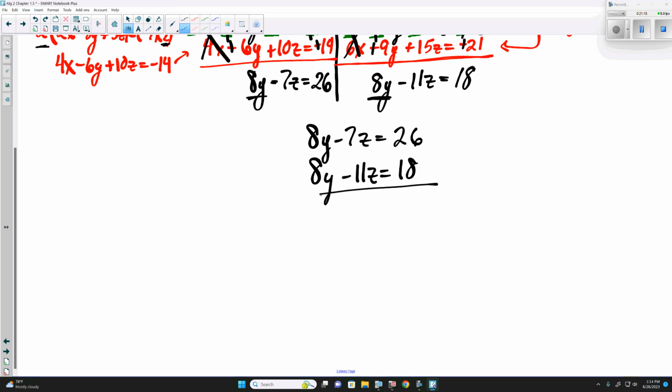Now, just like we did it before, if one of them was, say, 2 and the other is 4, we'll multiply, get the values to be the same, and then eliminate. Now the question is, do we add or subtract? Subtract. And we can make sure 8y minus 8y. 8 minus 8 is 0, yes?